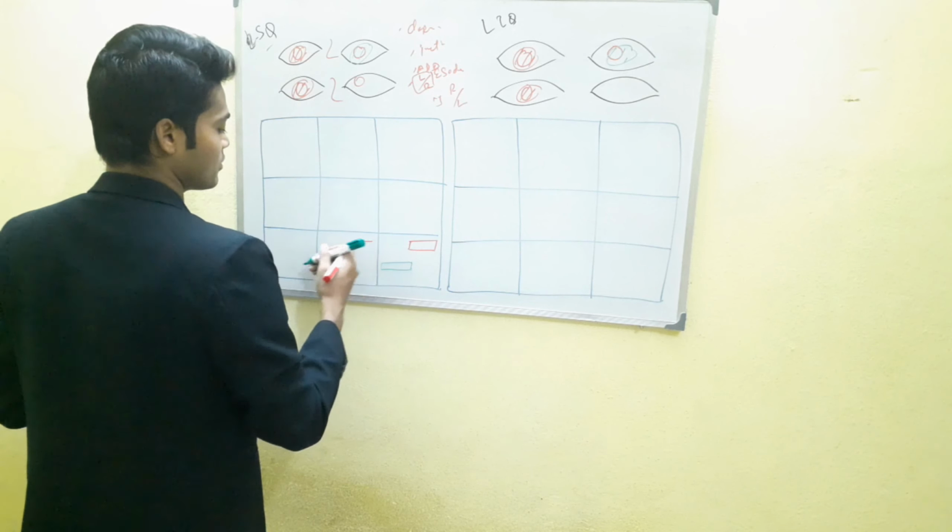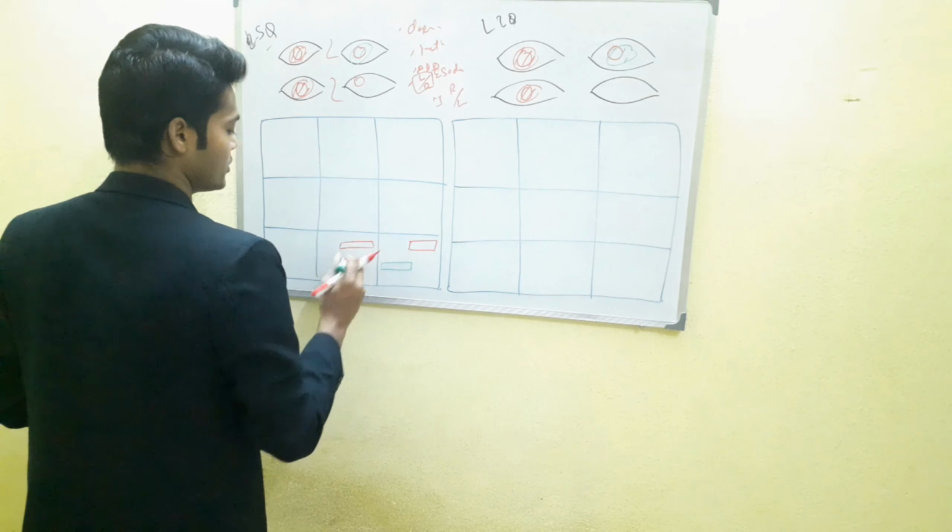This type of image is drawn here. Separation is getting reduced in the second quadrant. This is the Hess chart. And what about this one? Patient binocular vision is present in this quadrant.